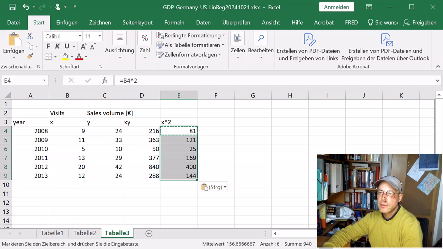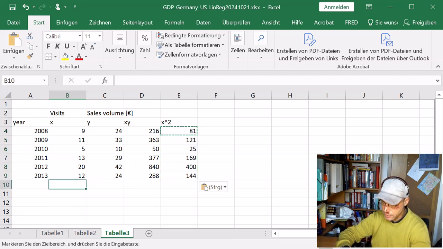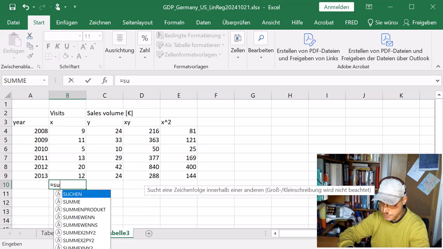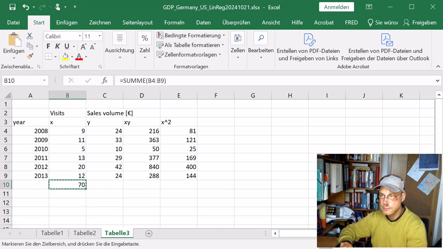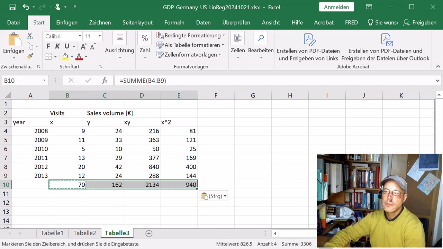And from all these numbers, we need the sums. So equals sum. Well, and now we go into our formula.